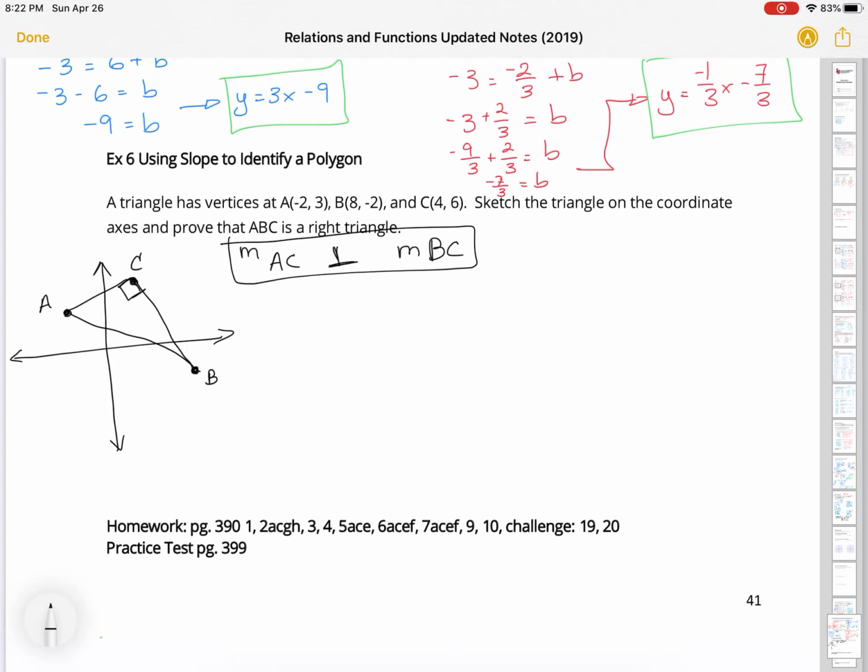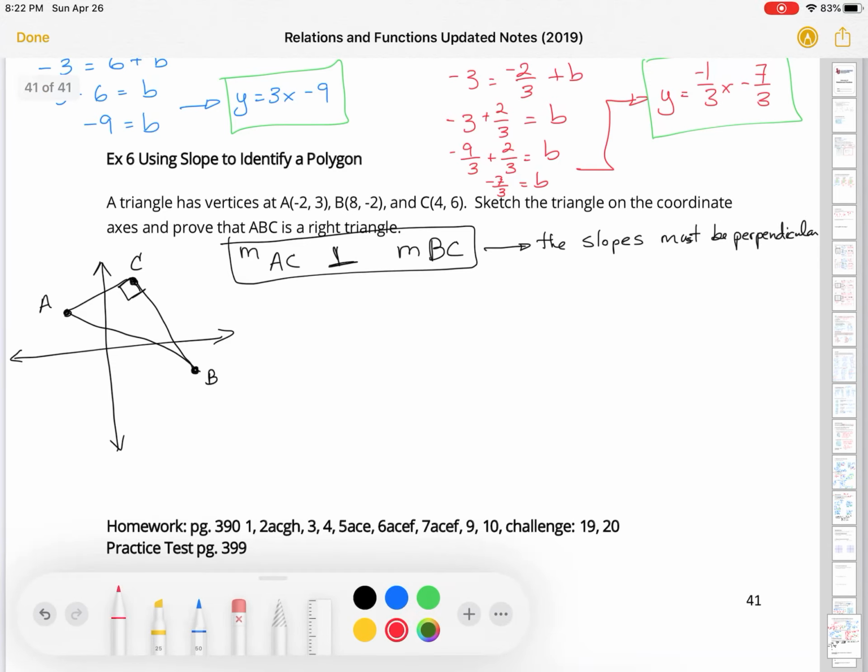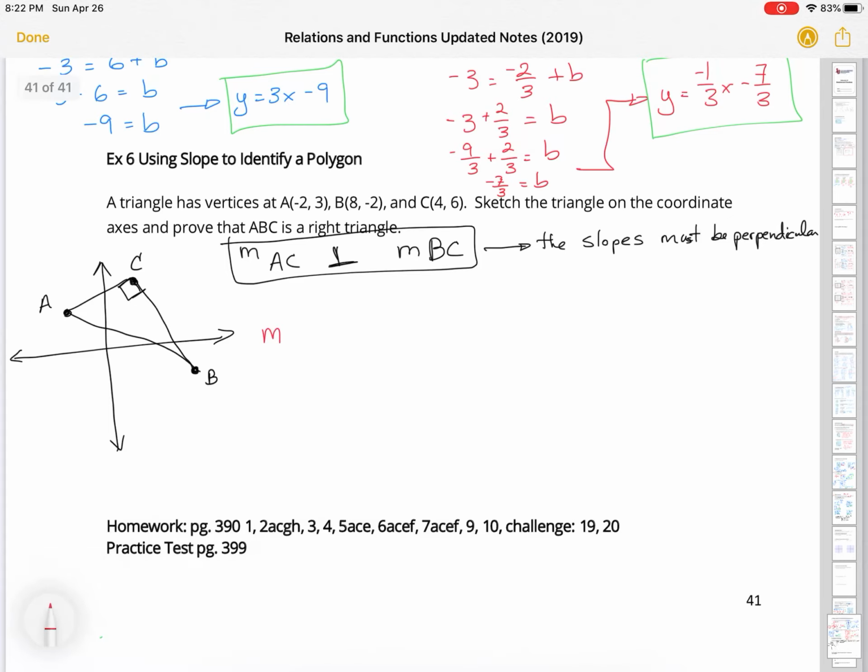So we've got to find our slope of AC and find our slope of BC and figure out if they are perpendicular, okay? The slopes must be perpendicular. It's a long word.